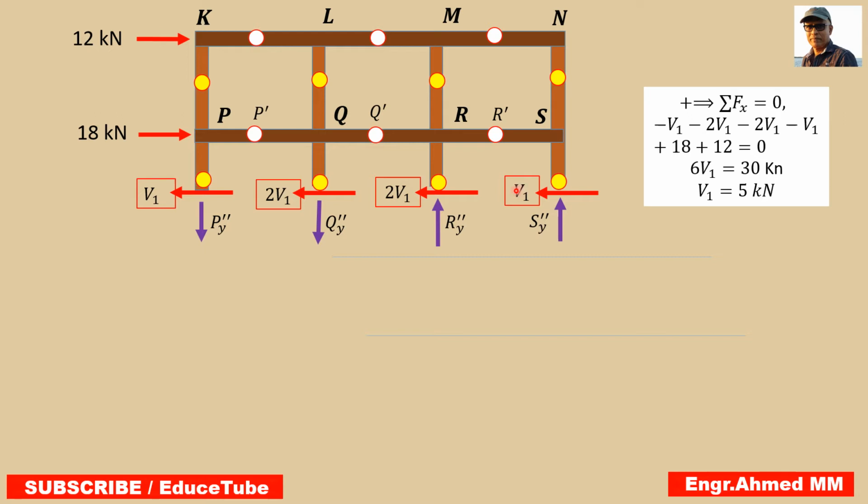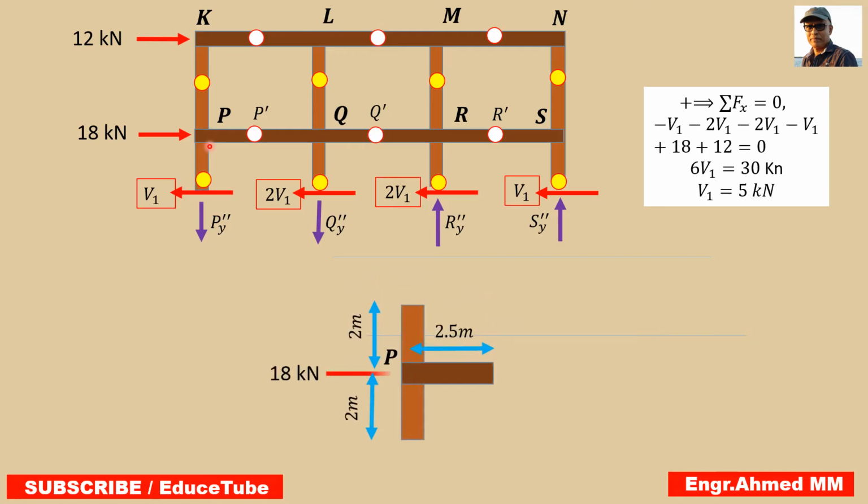Now our target is to take this segment P. What we are doing is following the same procedure to find the reaction components at this position and these positions.